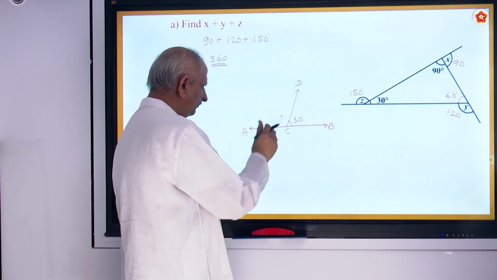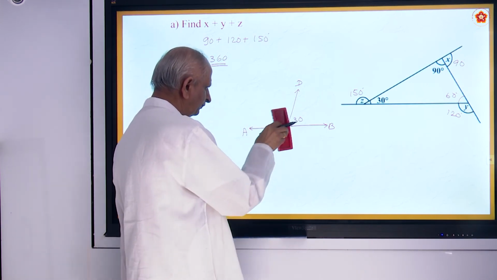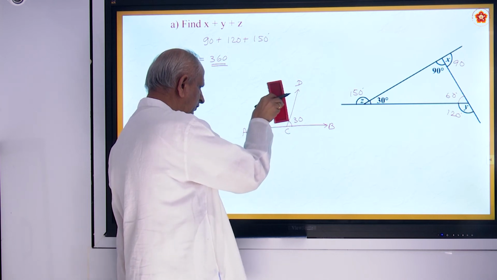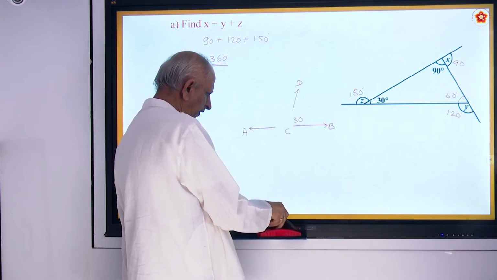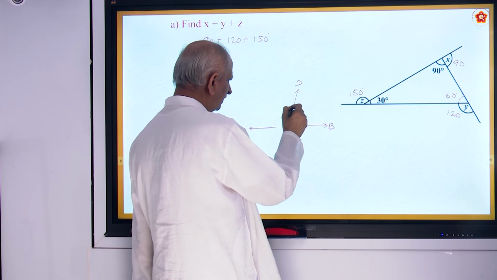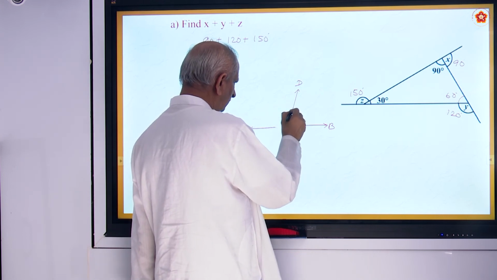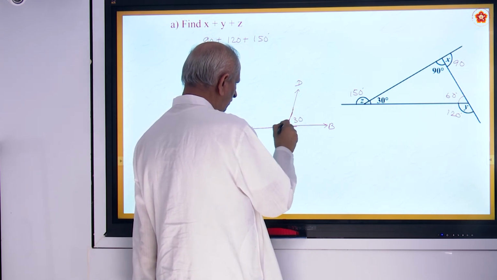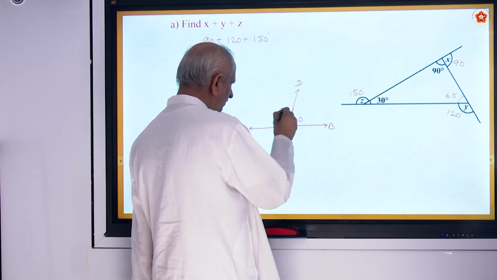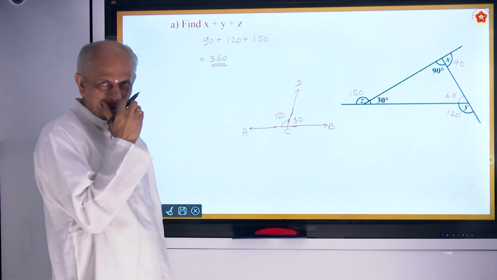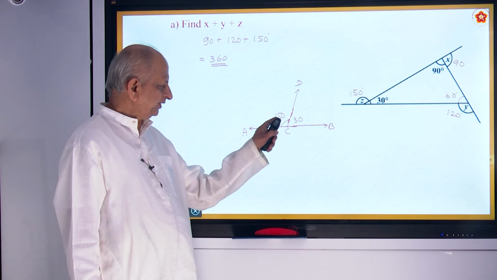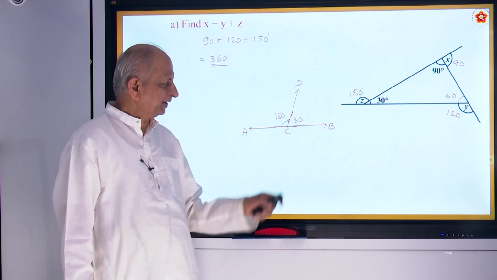In that 180 subtract 30. Then you get 150. That is called the exterior angle. The sum of the interior and exterior angle will be equal to 180 degrees.